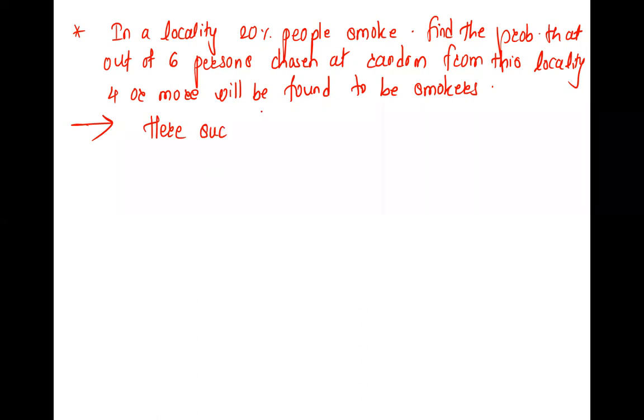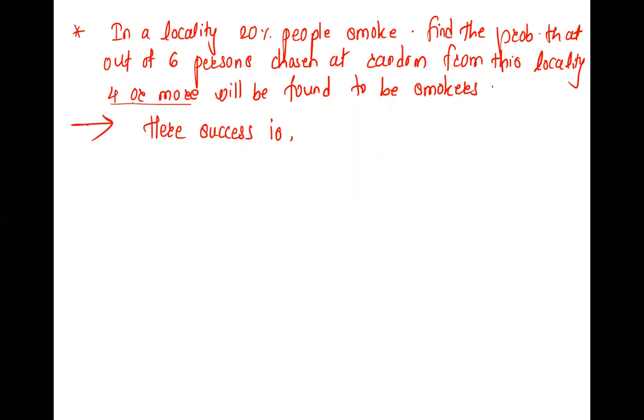Whenever a probability question comes, we first define the success. Will you please tell me the success? 4 or more people will be found to be smokers. I told you earlier also, 4 or more is the condition. We take the condition into consideration while finding the probability.